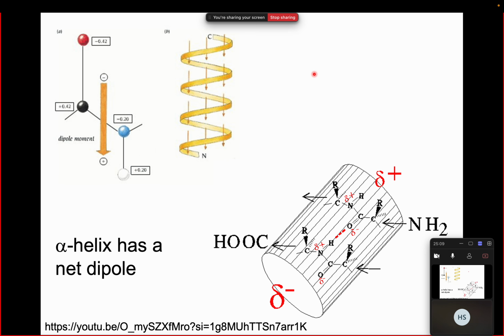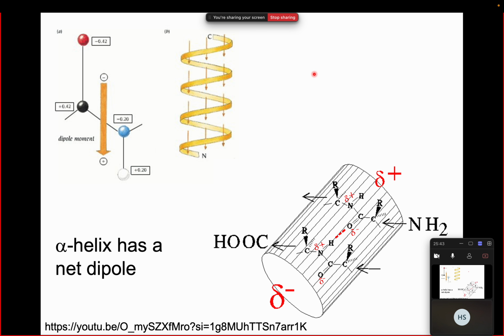Then, if we look at more properties of the alpha helix, as you know peptides have two sides, the N terminal and the C terminal. If the C of the first amino acid residue bonds with the N of the i plus 4th residue, then at the ends of the helix there will be a free N terminal and a free C terminal, due to which there is a net dipole moment in the alpha helix.